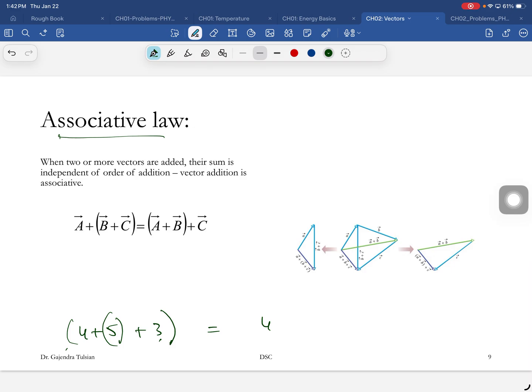How many unit vectors are there? One per dimension? In 3 dimensions, how many unit vectors are there? 3? Okay, so here's 3-dimensional space.